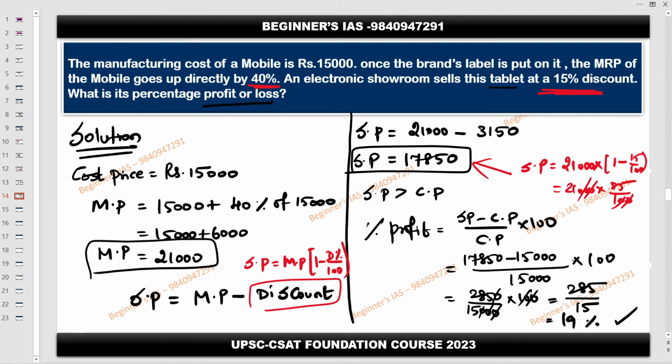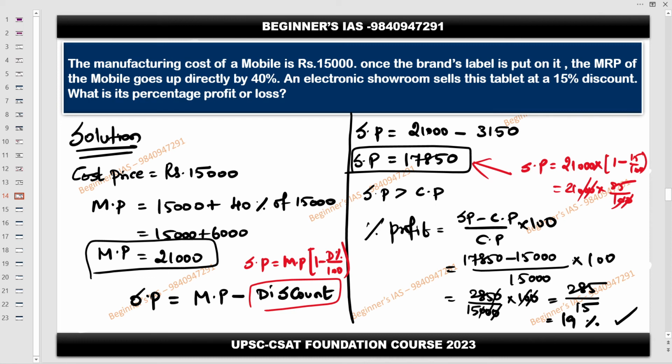Understood? MRP. Clear? What is the MRP now? 21,000. With these 21,000 only, the showroom gives the discount. Everyone understanding or not?